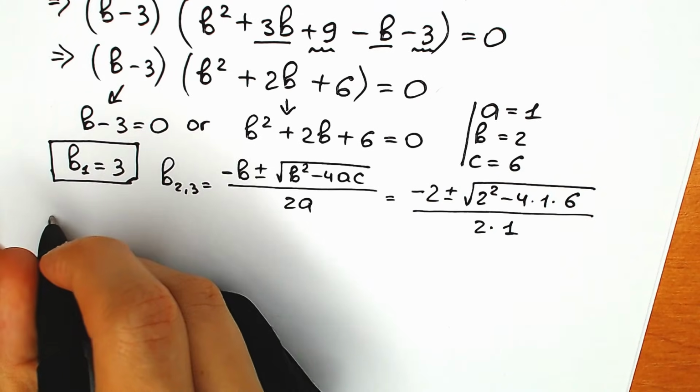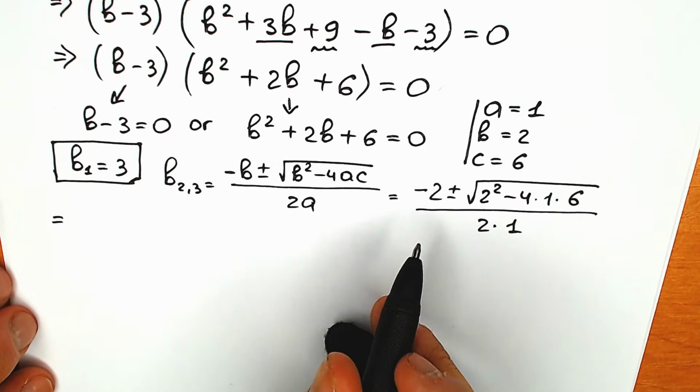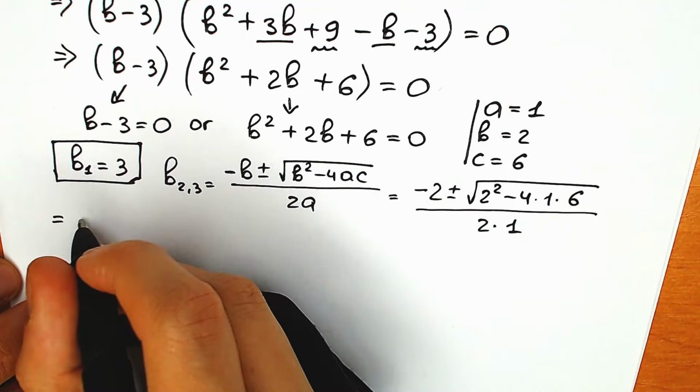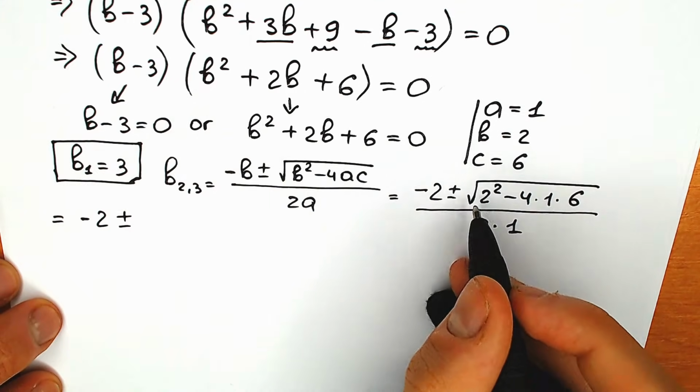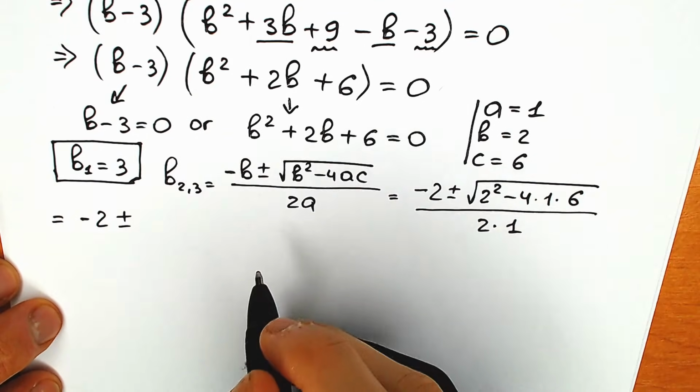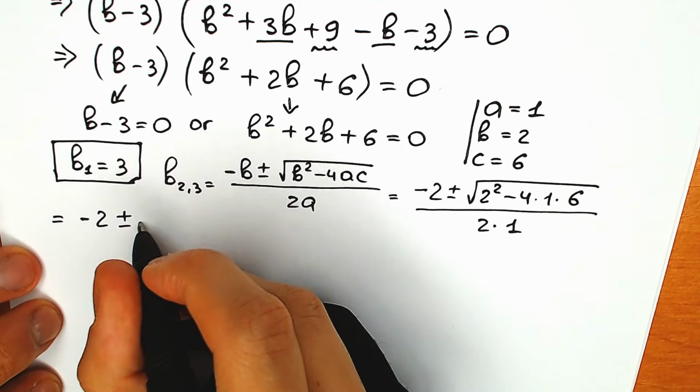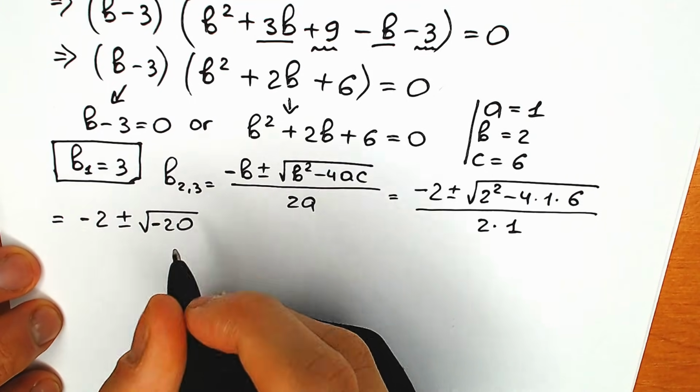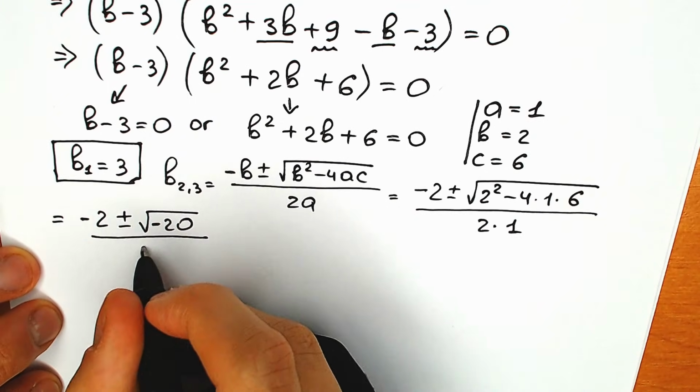Okay, let's simplify this real quick. So we have minus 2 plus minus, what do we have right here, 4 minus 24 equal to minus 20, so square root of minus 20, and all over 2 times 1 we have 2.